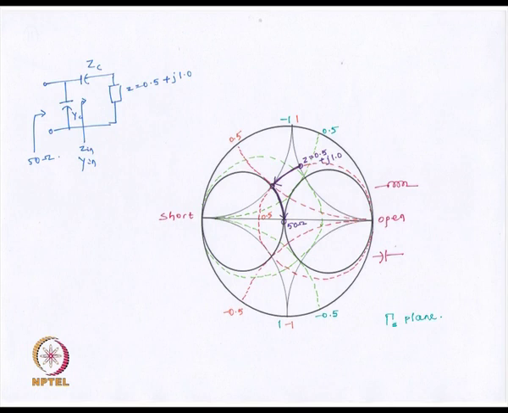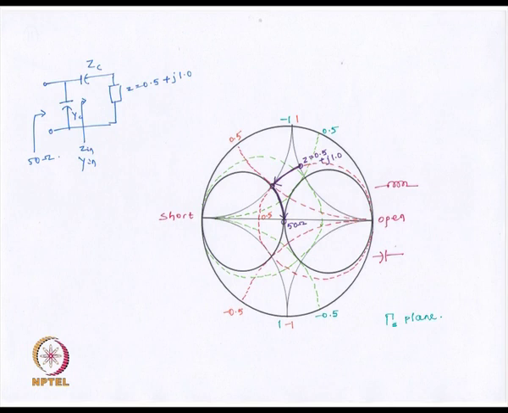Once we touch the G equal to 1 circle at this point, we note that if we go along the G equal to 1 circle, we can reach the origin. So, if we are going downwards, that means we have to connect a capacitance in series, and then once we are going downwards along a constant conductance circle, we again have to connect a capacitance, but in shunt. So, that is how it is shown.